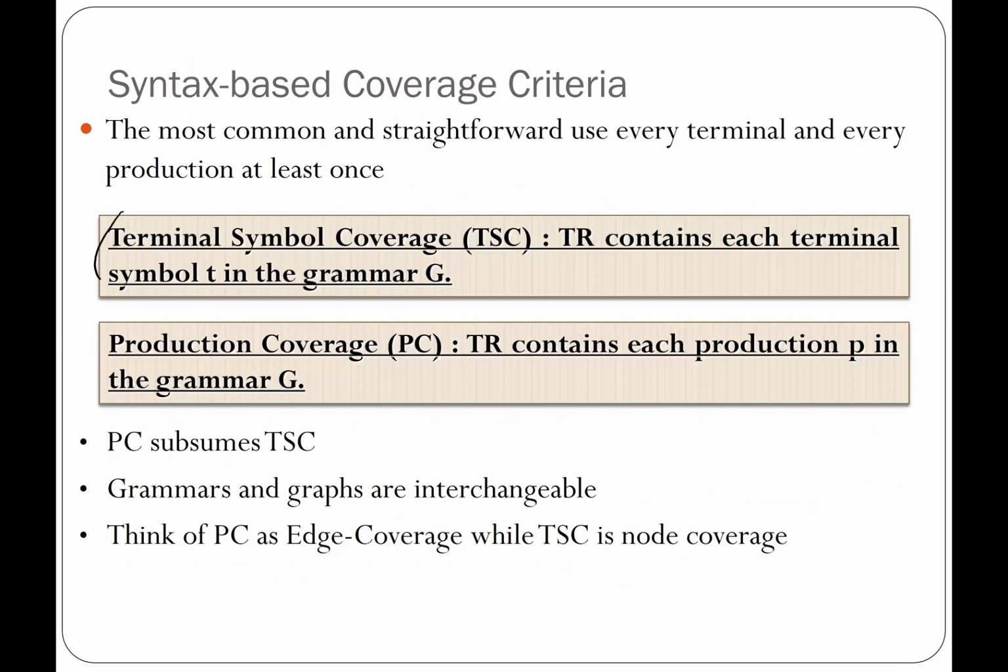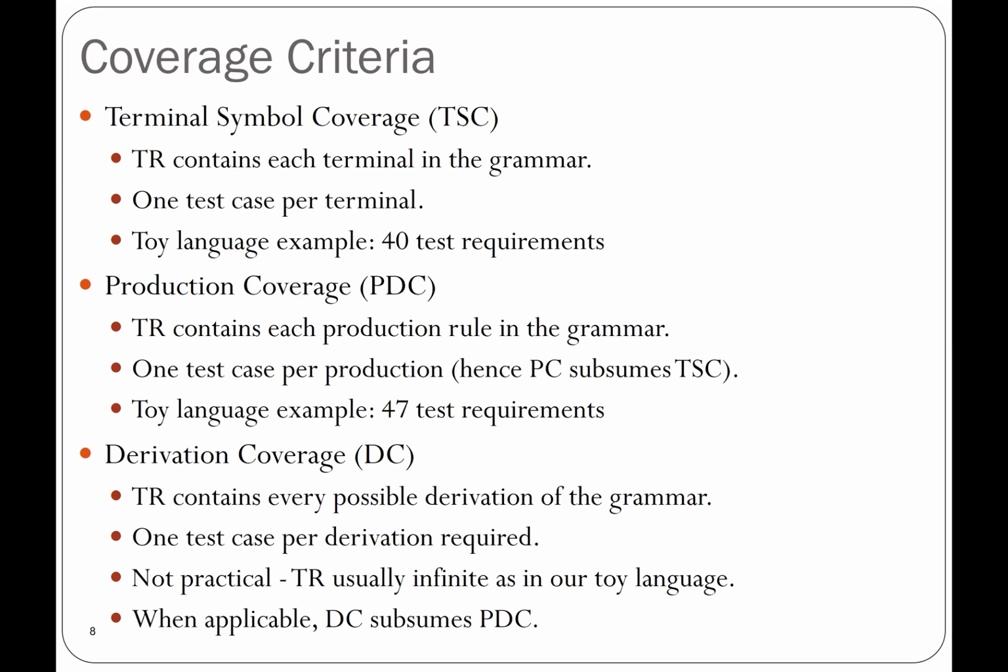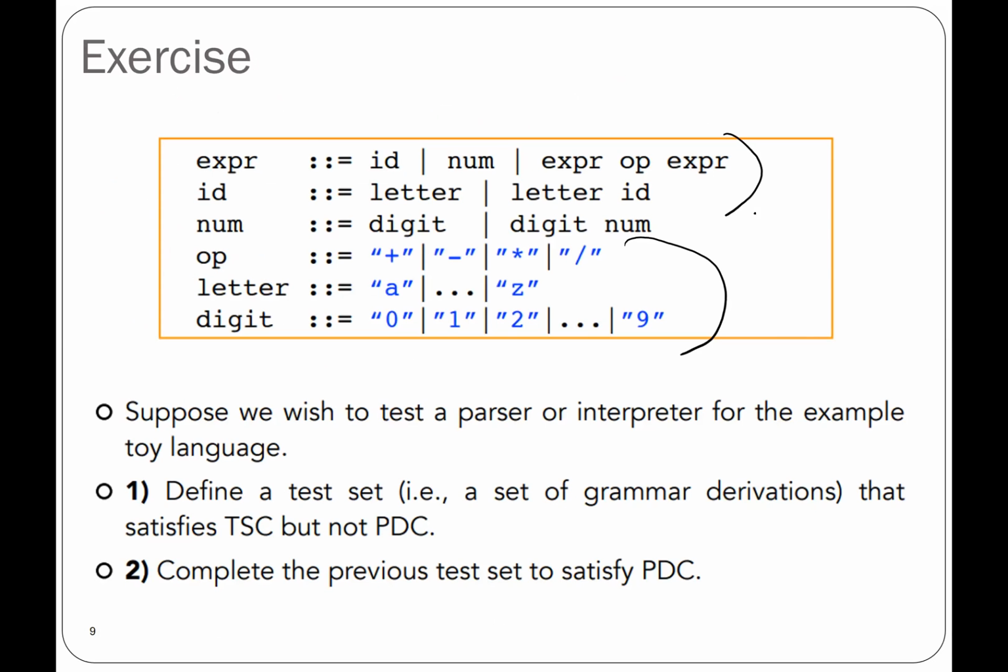Production coverage looks at this part over here as well, in addition to the bottom part. So the bottom part is TSC, and the top part together with the bottom part is called the PDC. Now, we said that the top half is never going to show up as a string.